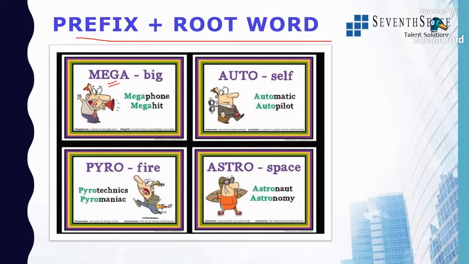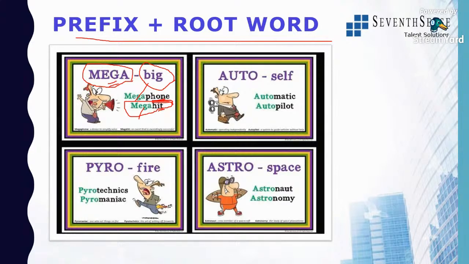Mega means big, huge, large. Megaphone, mega hit: big phone, big hit. You can understand the meaning of such words easily if you remember the prefix and suffix meanings and even the root word. See here, phone is a root word because its meaning won't change. Phone we can't change.